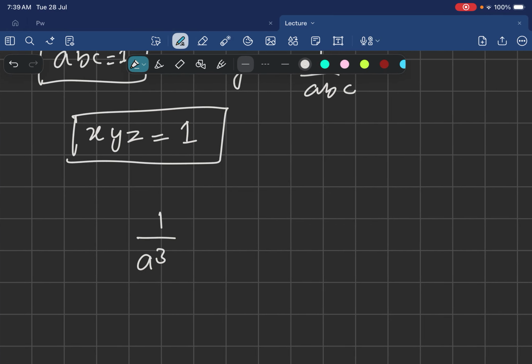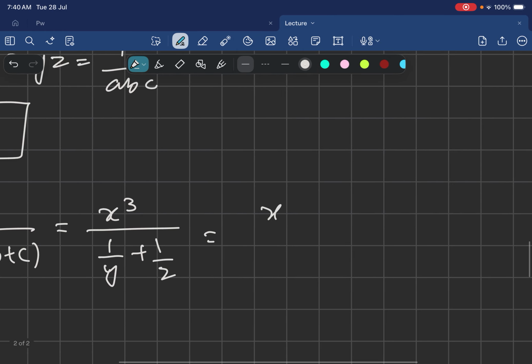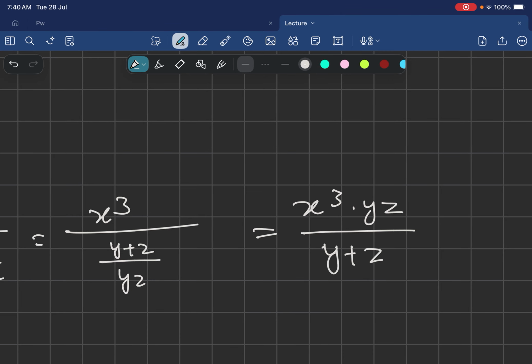So 1 over a cube times (b plus c). If I substitute x, y, z in place of this, we will get 1 over y plus 1 over z, right? This would give me x cube over (y plus z) over yz. This would give me x cube times yz over y plus z.